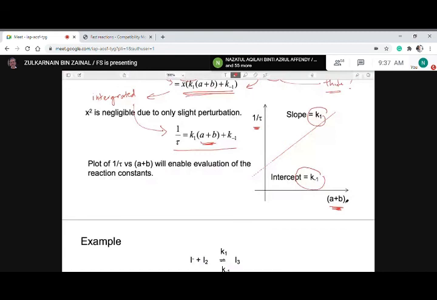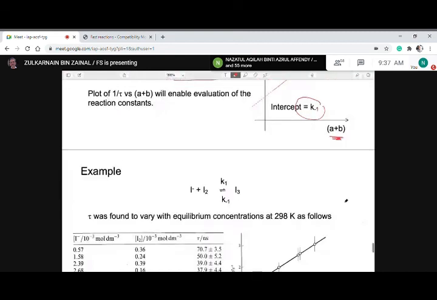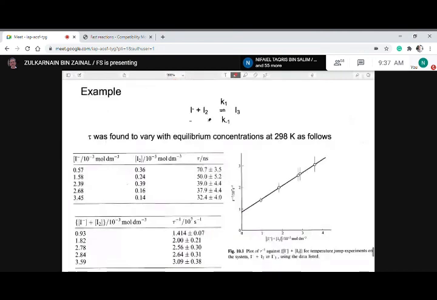So this is an example, as shown here, the reaction of I minus and I2 to form I3. We do not know the value of K1 and K minus 1, so we want to evaluate them from the reaction.